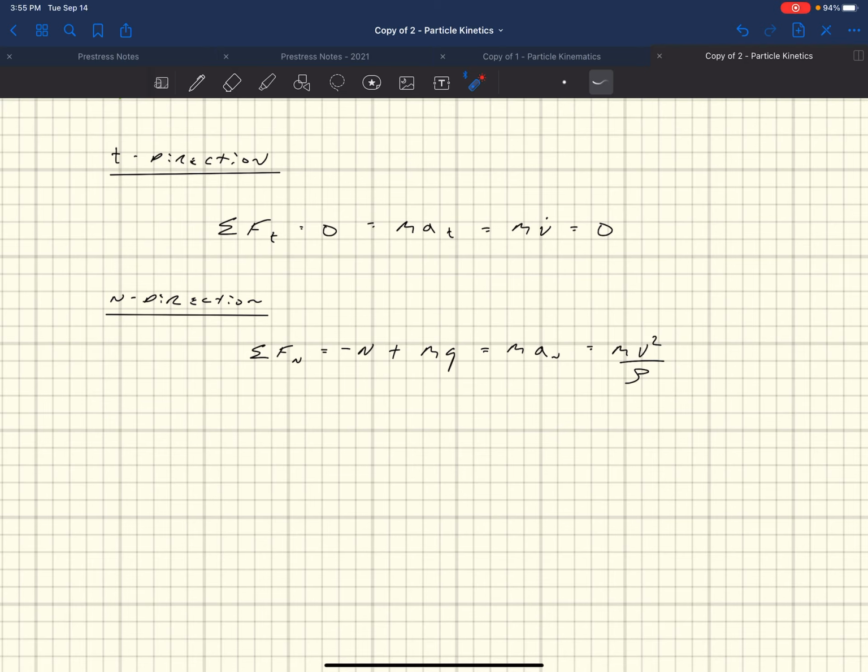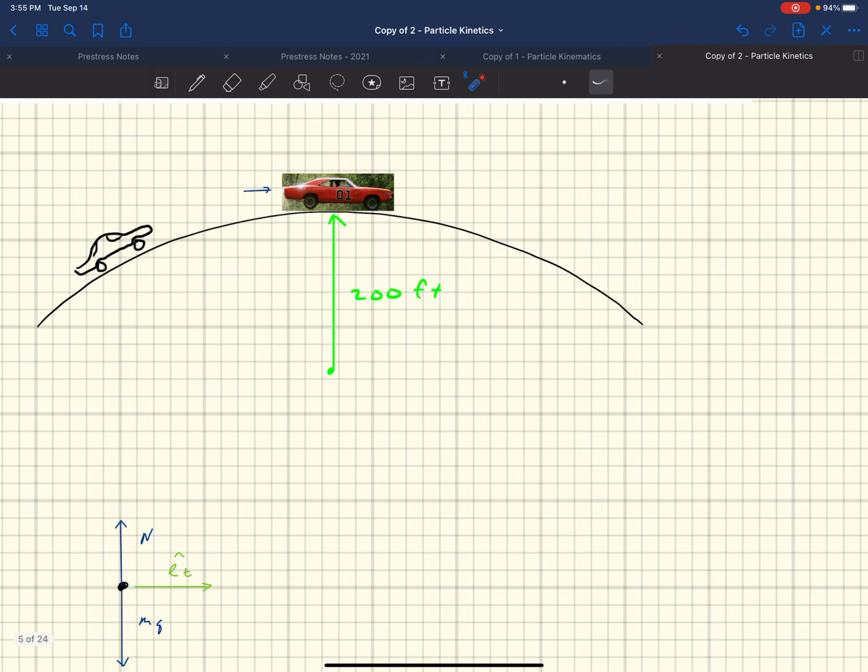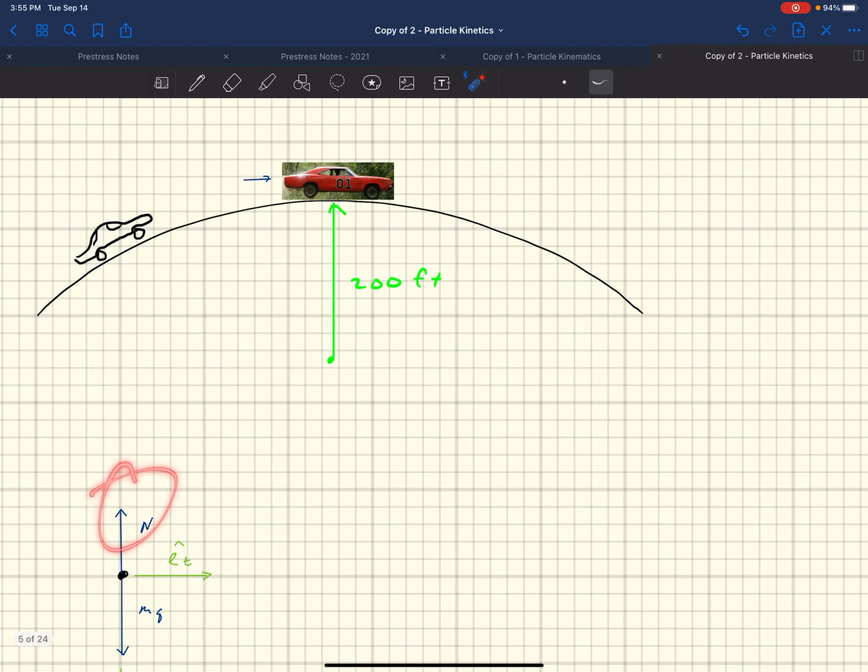I'm trying to find the minimum speed so that this thing jumps, okay? What will happen when this thing jumps, right? If this thing takes off, what happens to the normal force? When that thing leaps, that goes to zero. There will be no normal force when this thing jumps. Okay? Hopefully that makes sense to everybody. Once it leaves the ground, we're trying to find the cusp right when this thing launches.